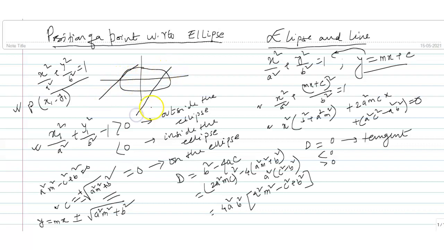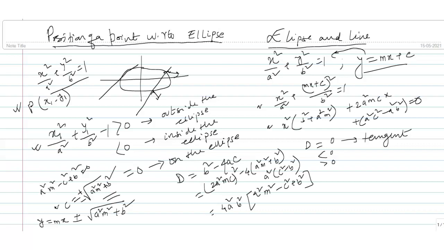Suppose we are getting two real roots here. And if d is less than 0, then we are getting imaginary roots. That means there will be no real point of intersection between the line and the ellipse, so the line will lie outside the ellipse. Clear?